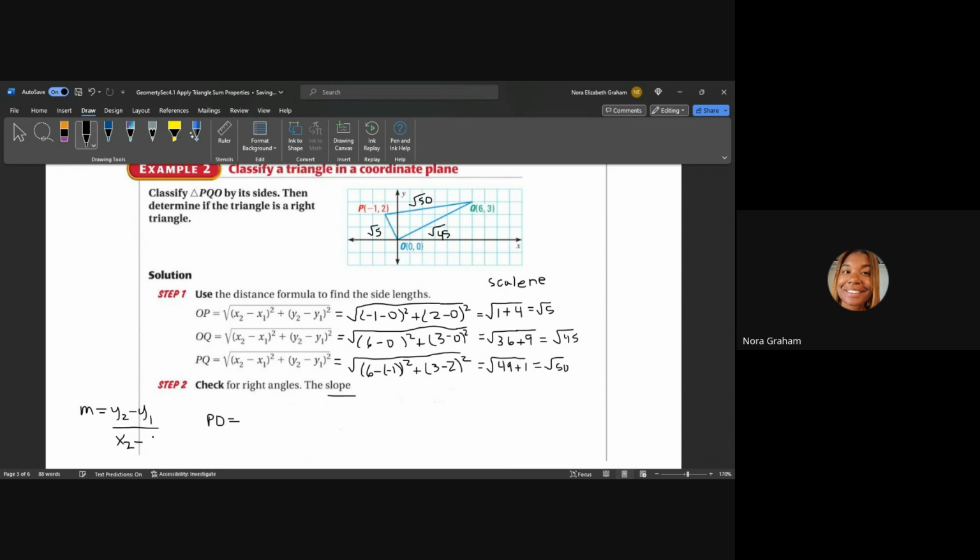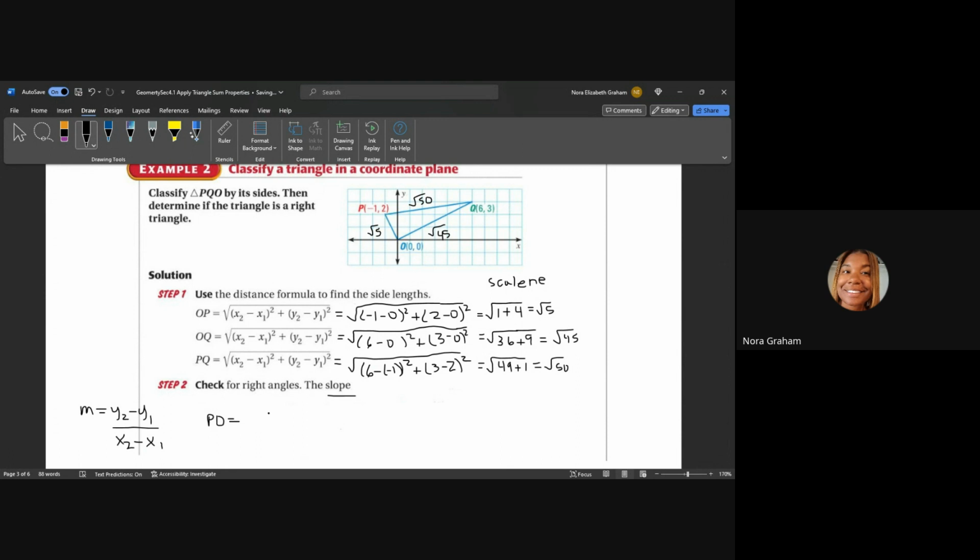Okay, that's our slope formula. And like I said, best practice is to annotate which one you're going to have as x sub 2 and y sub 2. So for now, I'm going to have this one as my x sub 1, this one as my y sub 1, this one as my x sub 2, and this one as my y sub 2.